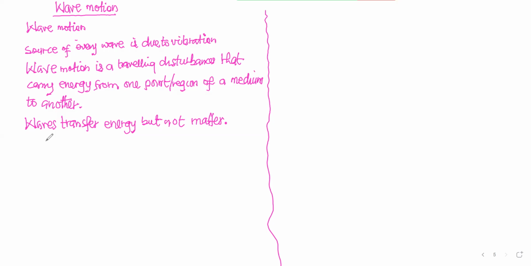So this is just the surface part of wave motion. We'll be looking at types of waves, the various types of waves. Then classification of waves. We have about 3 classifications.